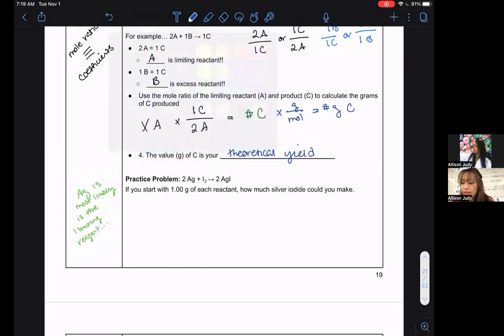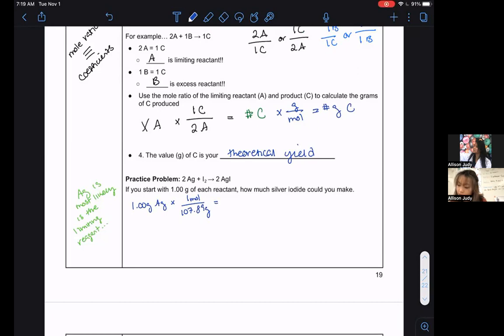So I'm going to calculate the theoretical yield based on each. Now, I can never compare substances in grams, so I'm going to convert 1 gram of each substance to moles of each substance. So 1 gram of silver times 1 mole per 107.89 grams, since silver has a molar mass of 107.89, gets me to moles of silver.